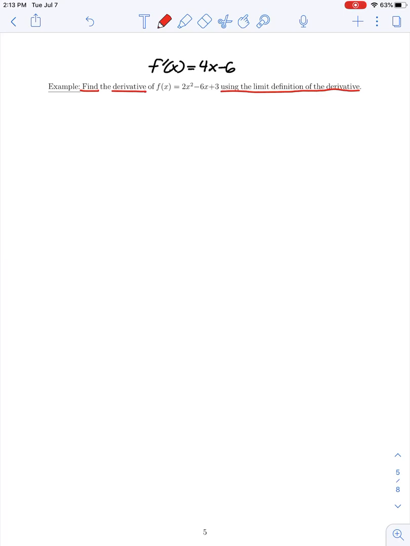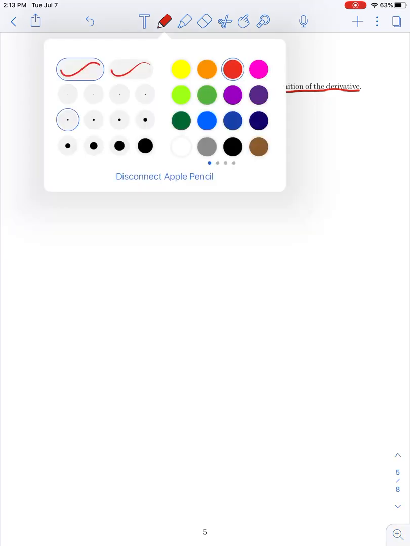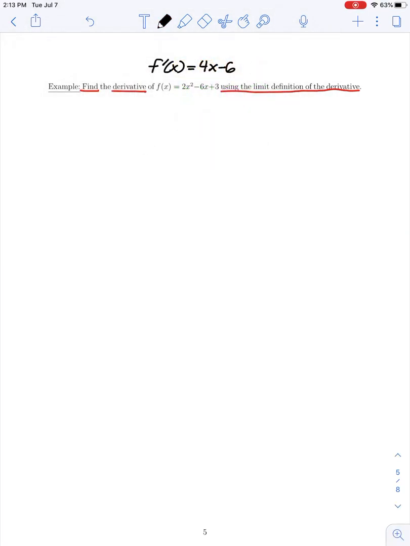We have to make use of the limit definition here. So, in this example, our derivative, f prime of x, is defined as the limit as h approaches 0 of f of x plus h minus f of x all over h.